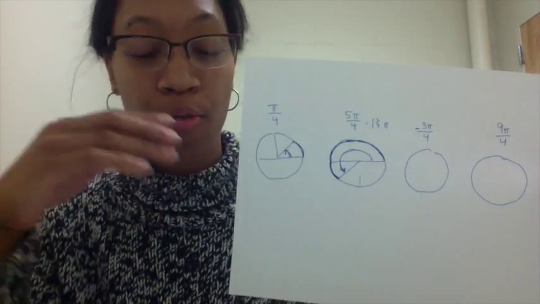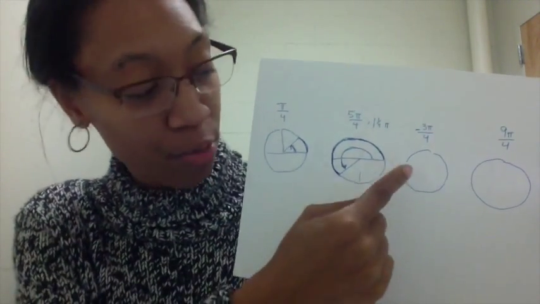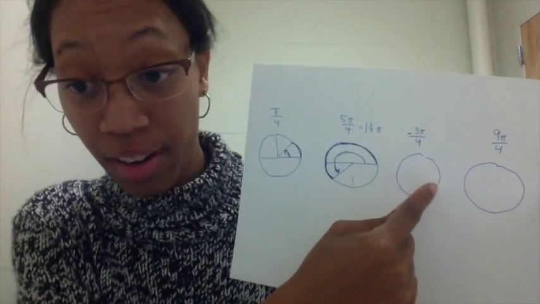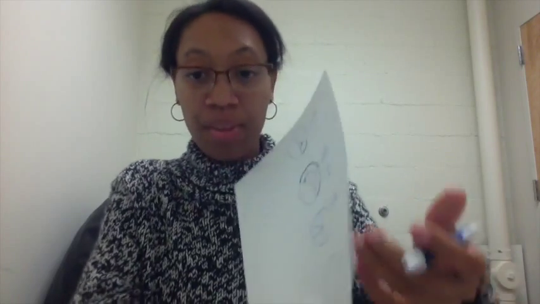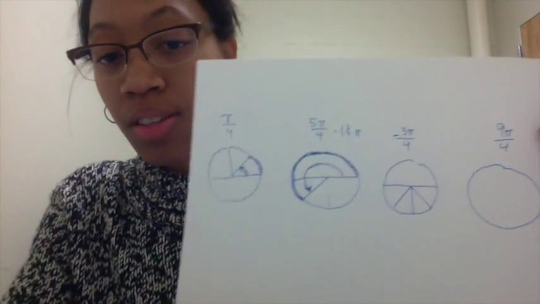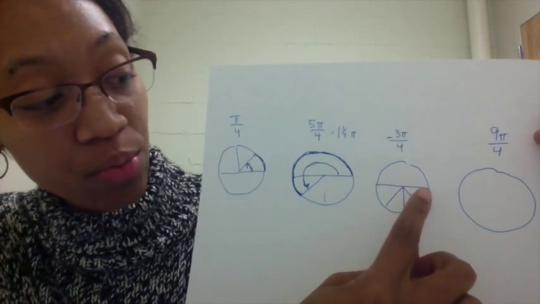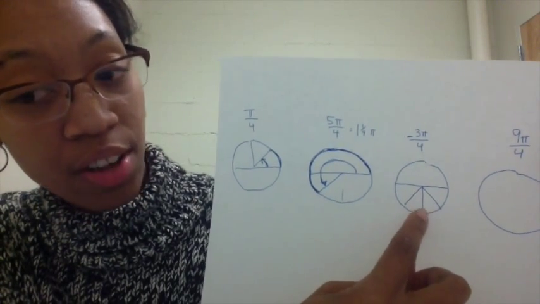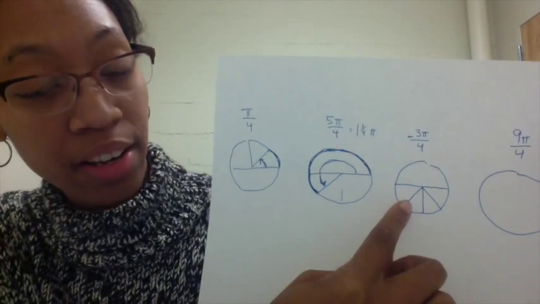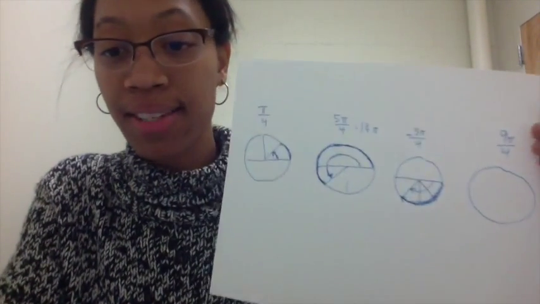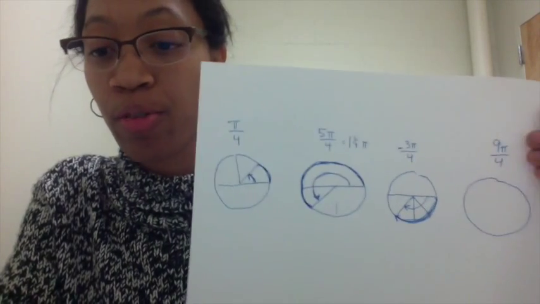I'm just counting by fourths, 1, 2, 3 sections. Let's just draw that in. So here's 1 section, 2 sections, 3 sections, rotating negative, and that is the angle negative 3 over 4 pi.